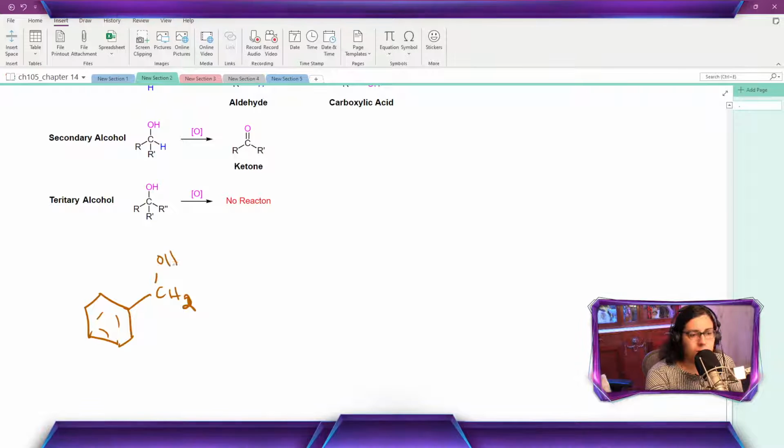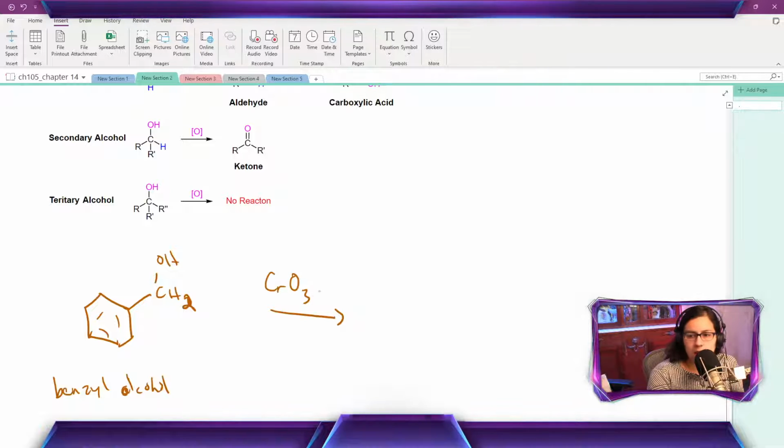So CH2OH. So this is benzyl alcohol. And so the oxidizing conditions that we're going to use are this chromium oxide, so chromium 6 oxide in the presence of sulfuric acid.